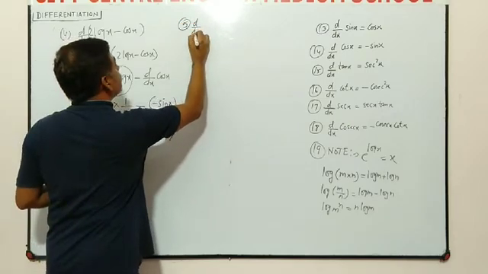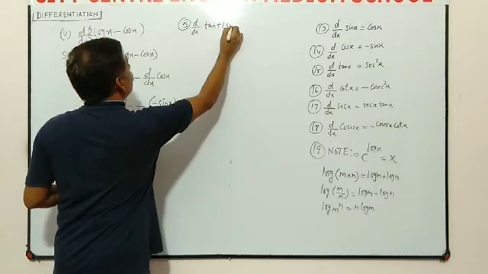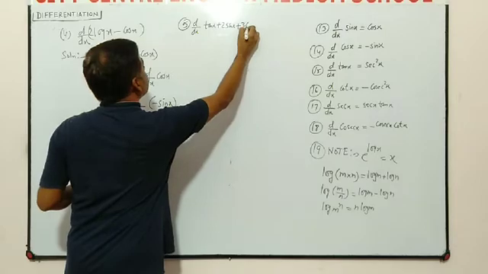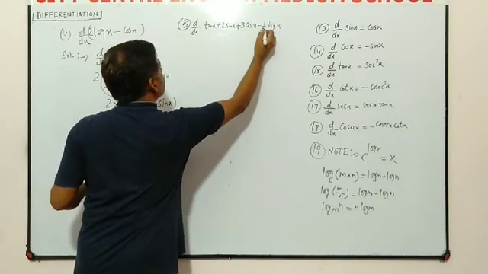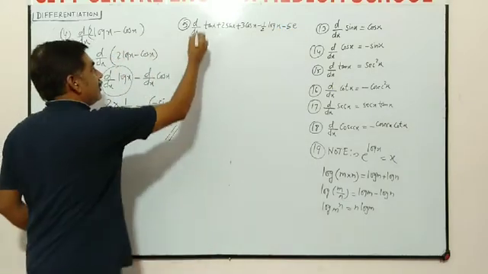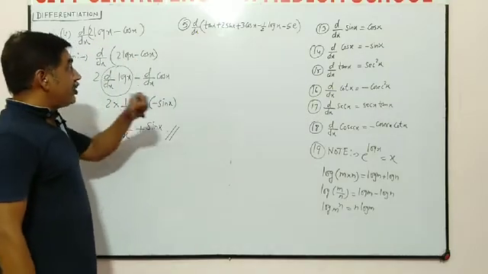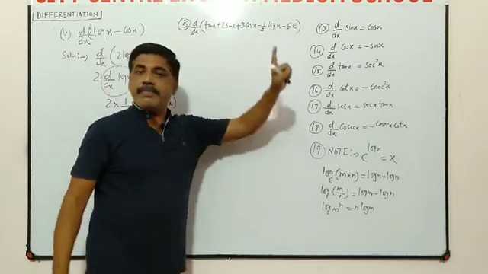d by dx of 10x plus 2 sin x plus 3 cos x minus 1 by 2 log x minus 5e. In this question, how many terms are given? 1, 2, 3, 4 and 5 terms.